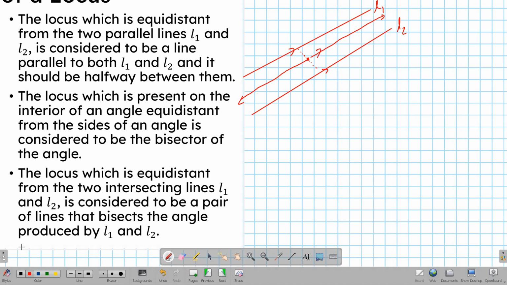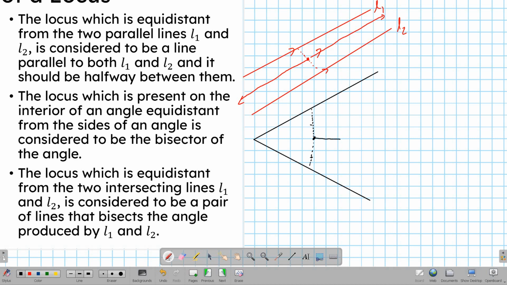So, yung sunod, the locus which is present on the interior of an angle. So, mag-drawing daw tayo ng angle. So, the locus of point which is present on the interior of the angle equidistant from the side. So, kung itong point na to ay equidistant sa side na yan, equal yan, kagaya nga sinabi natin kanina, ang point ang pinupuntahan lang yan, opposite direction.